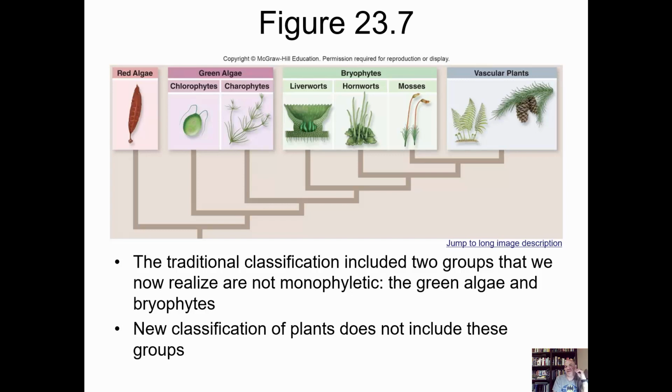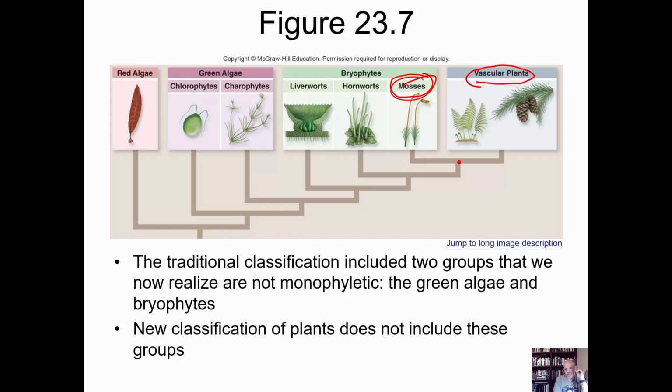And in fact, if we look at a group called vascular plants, and we'll talk about vascular plants later, we're actually leaving out simpler plants. These are more advanced plants. These are simpler plants. We're leaving out a group that shares a close evolutionary relationship and common ancestry with them. That would make vascular plants paraphyletic because we've left out the mosses over here.